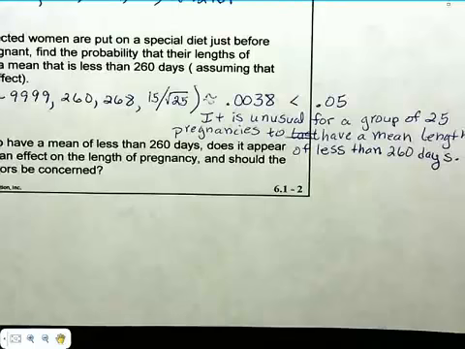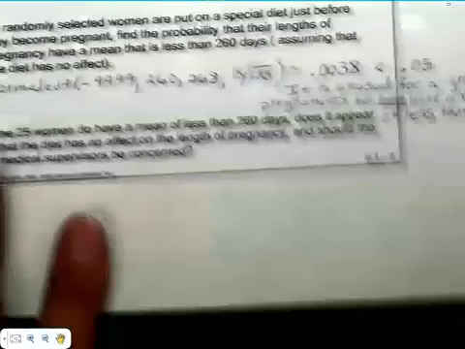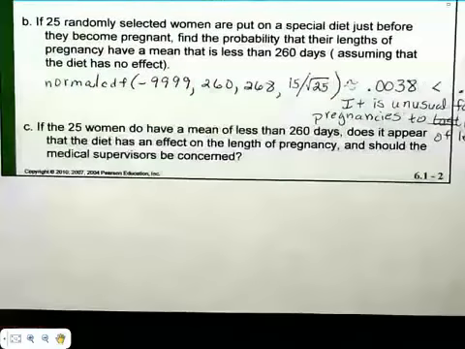But if this is highly unlikely and yet it did happen, that's what the C part is saying, 25 women do have a mean of less than 260 days, then our assumption is probably wrong. What does that mean? The diet does have an effect. This diet is causing women to have babies before or more than a week early. Or at least it should make us go, we better check this out some more.